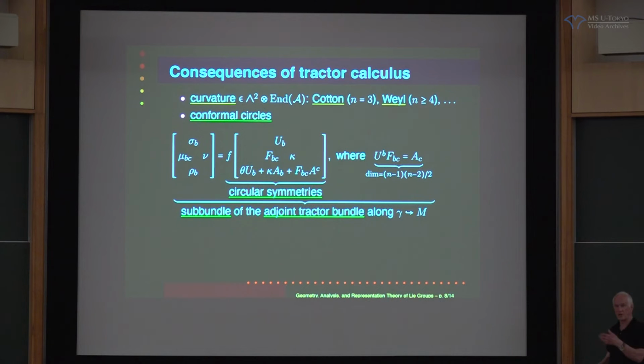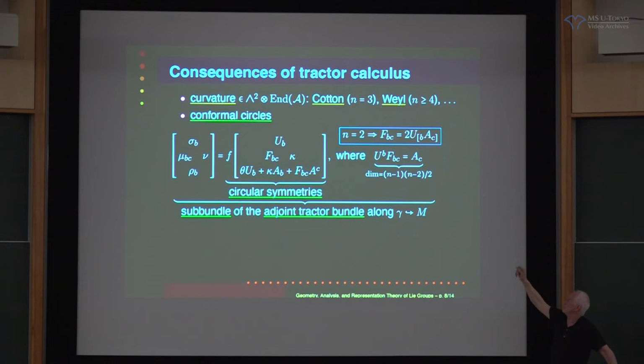Okay, now let me just do a dimension check to make sure this all works out. In general, this restriction on f in terms of u and a, in terms of the acceleration and the velocity, is a linear vector space of dimension (n-1)(n-2)/2. The point is that, for example, if we were looking at the case n equals 2, f would actually be completely determined by this. f would just be the wedge product of u and the acceleration.